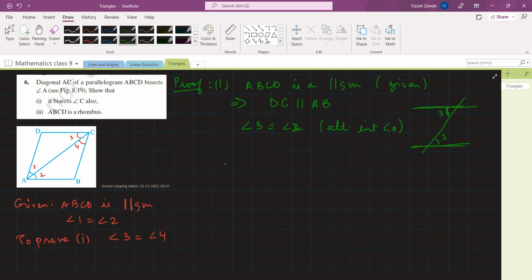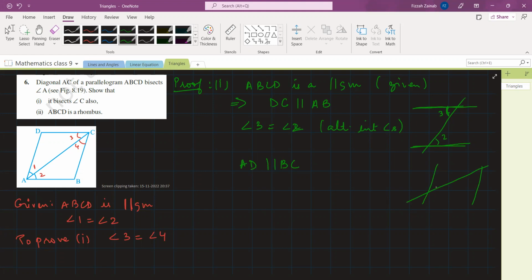Now again, if I say that the side AD is parallel to BC, correct? In this parallelogram, this is your AD and this is your BC. Now this is a transversal AC, right?